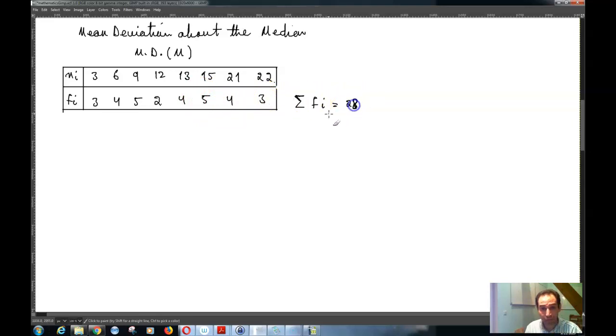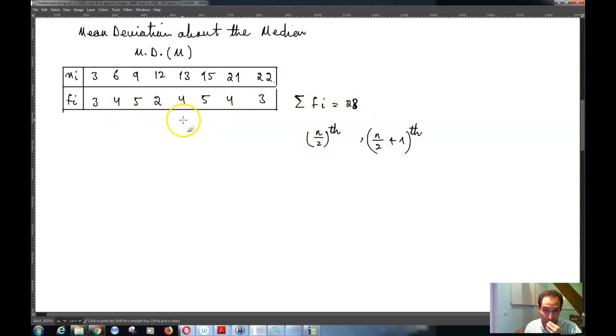That means I have 28 observations. And since this is an even number, my median is going to be the n divided by 2th observation and the n divided by 2 plus 1th observation, meaning the 14th and 15th observation.